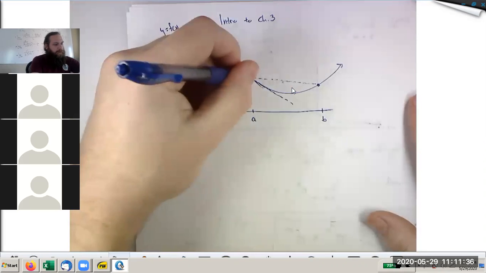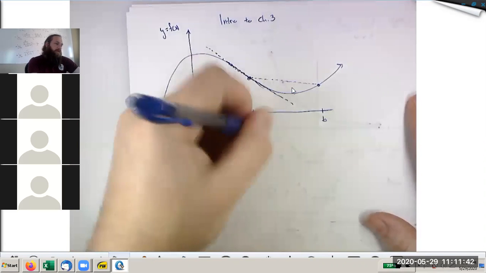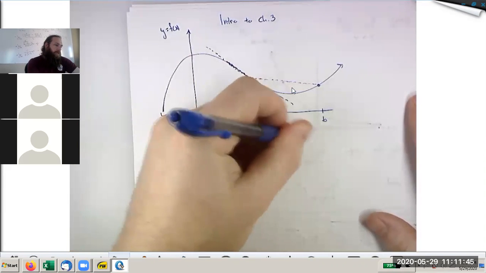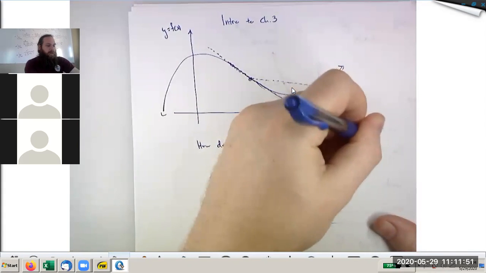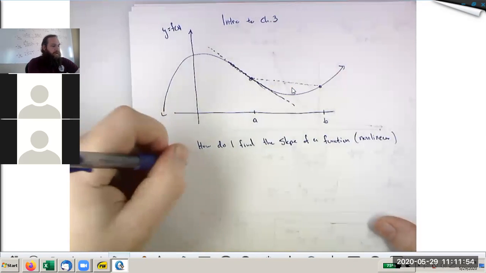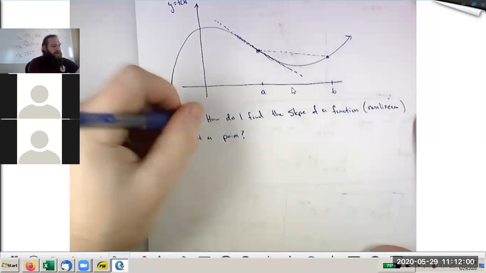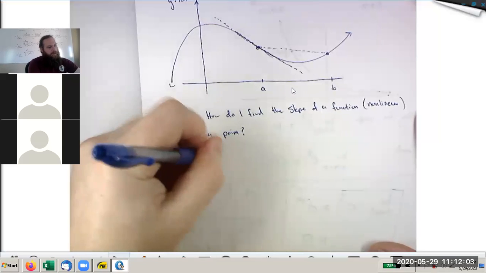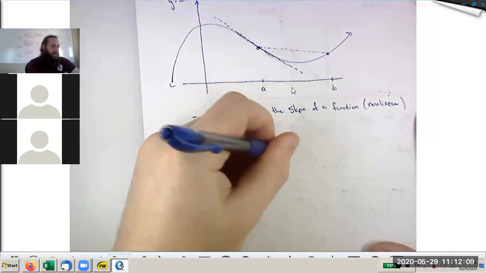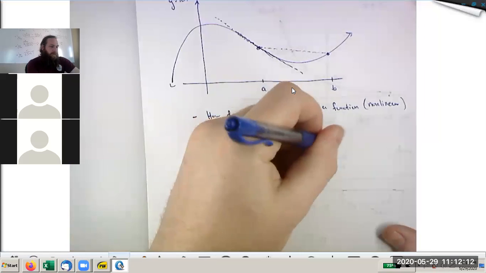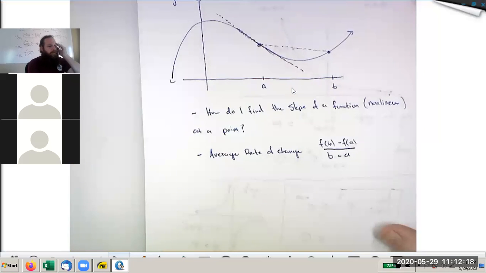So how do I find the slope of a function which is nonlinear at a point? You may remember this idea of an average rate of change being the slope of the secant line that connects 2 points on the graph.